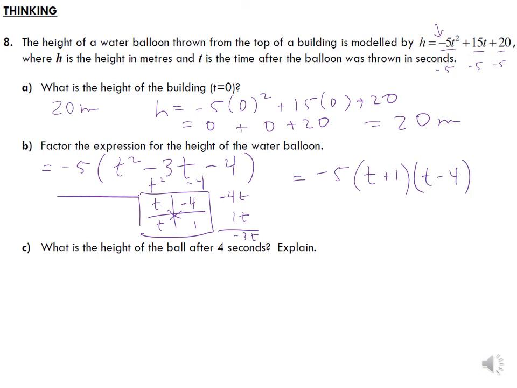What's the height of the ball after 4 seconds? All we have to do is put 4 in. And then I'll show you a different way you could do this. So we're going to put 4 in everywhere we see t, because it says 4 seconds and t represents time.